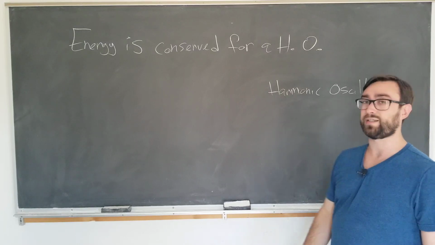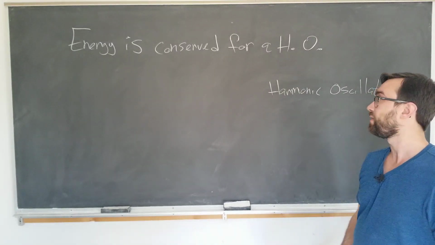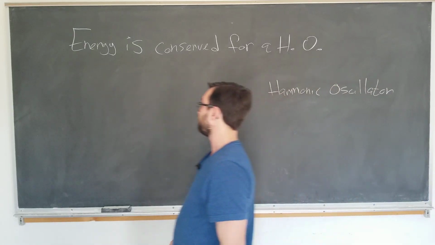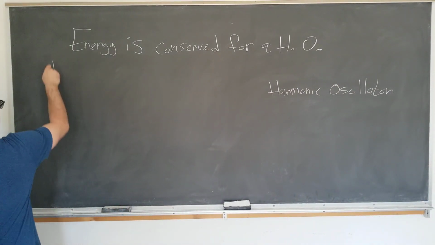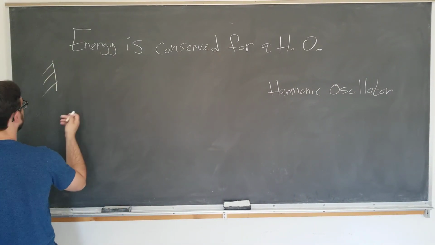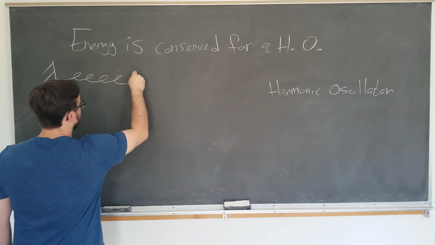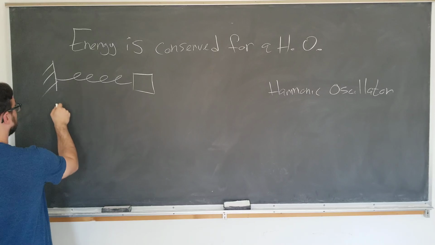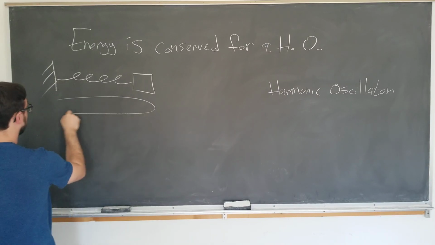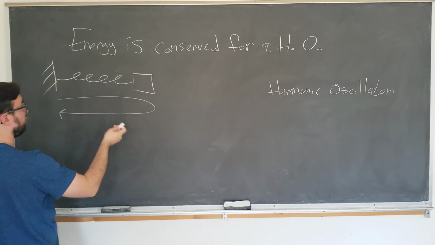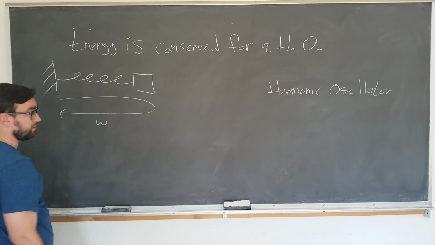Okay, what exactly is a harmonic oscillator? First, we typically model the harmonic oscillator as being some kind of mass attached to a spring, and there's going to be some kind of a characteristic time for it to return to its endpoint once it starts oscillating.